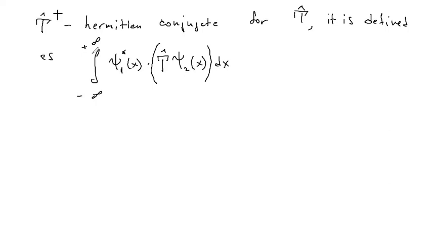If I can define the Hermitian conjugate, then it would be equivalent that you have a Hermitian conjugate operator acting on the state 1 on the left side, complex conjugated, multiplied by psi 2 of x.